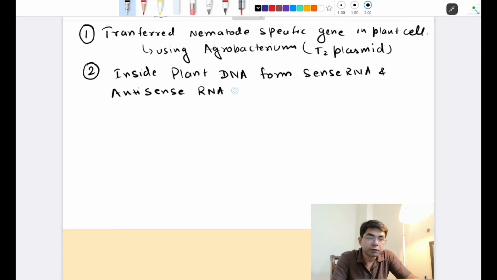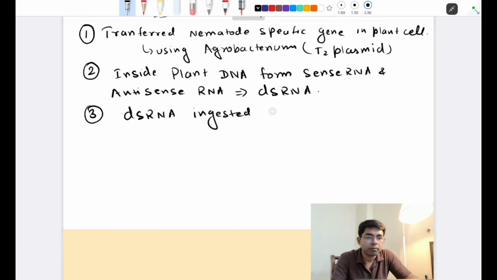And because of that, double-stranded RNA is formed. Now, the third step is that this double-stranded RNA is ingested by whom? It is ingested by the nematode. Now the double-stranded RNA is inside the nematode.